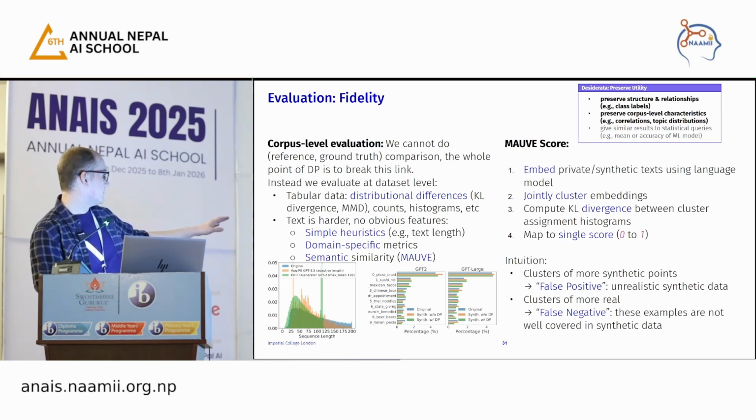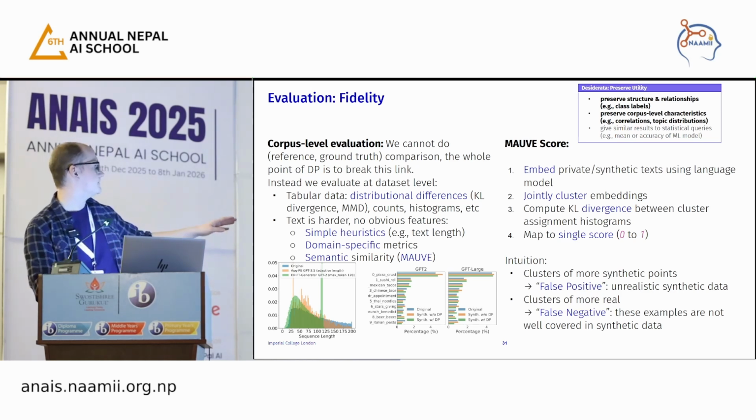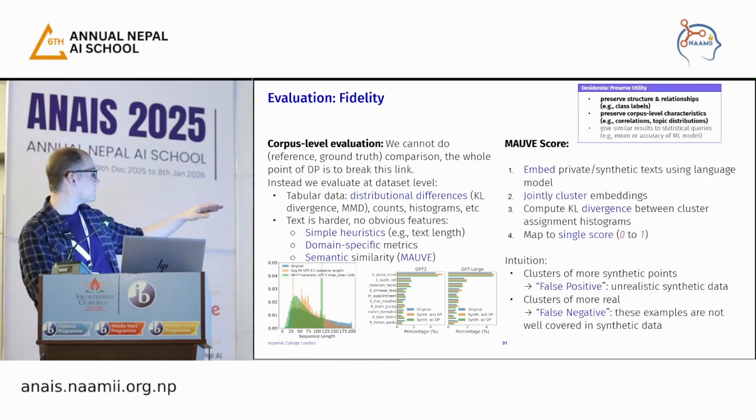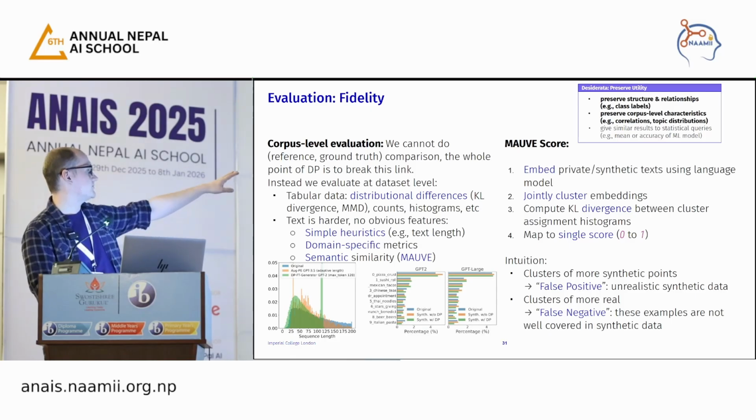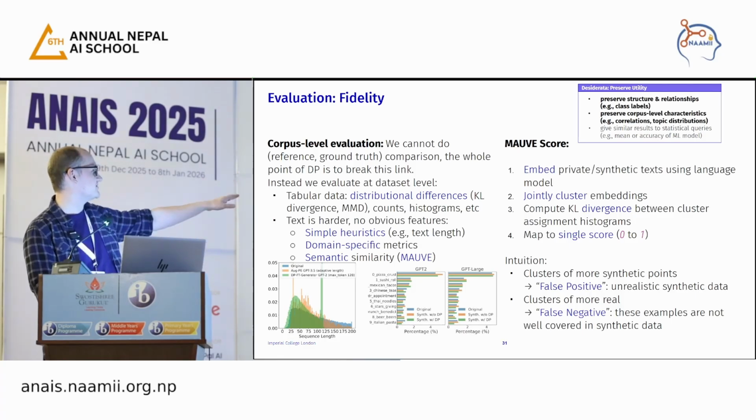But let's look at MAUVE. This is also not a privacy-specific metric. MAUVE calculates the semantic similarity of two different corpora. The way it works is that we embed both the original reference and the synthetic text using a language model. We then jointly cluster these embeddings. The original method is a bit more fancy, but what we actually do is compute the KL divergence between the cluster assignment histograms.